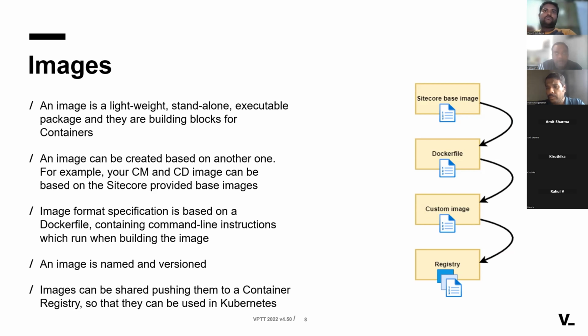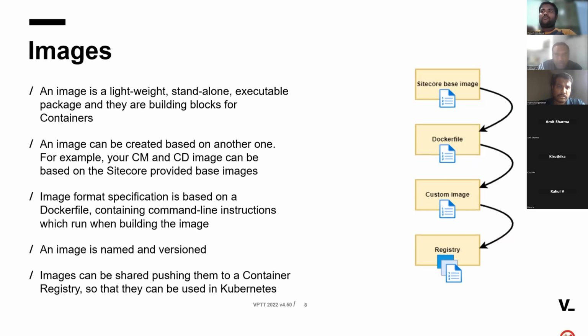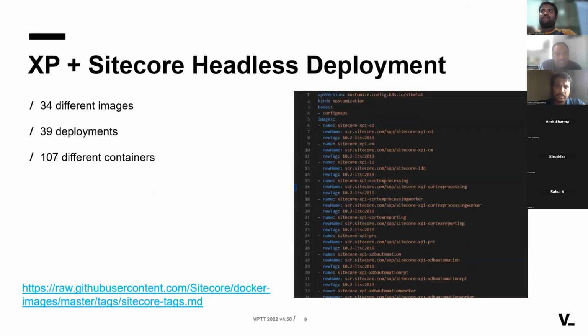consumed by others who have access, just like how we are consuming the Sitecore-provided images. Say, for example, you have your XP instance that you would like to deploy on Kubernetes. It's going to be a lot of images, a lot of deployments, and a lot of containers. If you take a Sitecore XP instance with headless development on top of Sitecore managed cloud, you'll have 34 different images and 39 deployments, and we will end up with around 100 plus different containers.